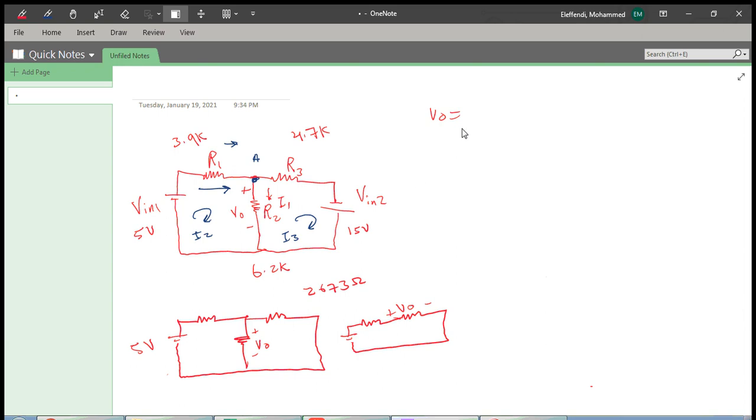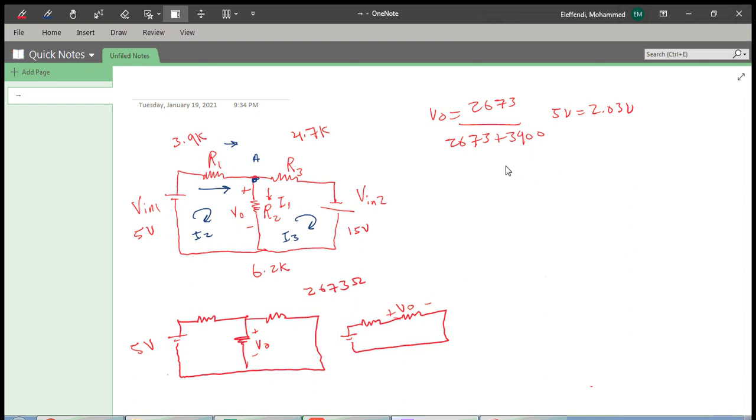Let me just write everything that I did. So I took 2673 divided by 2673 plus 3900, which is R1 in here, multiplied by 5 volts, and that gave me 2.03 volts. Now this is the contribution of the 5 volt to V out.